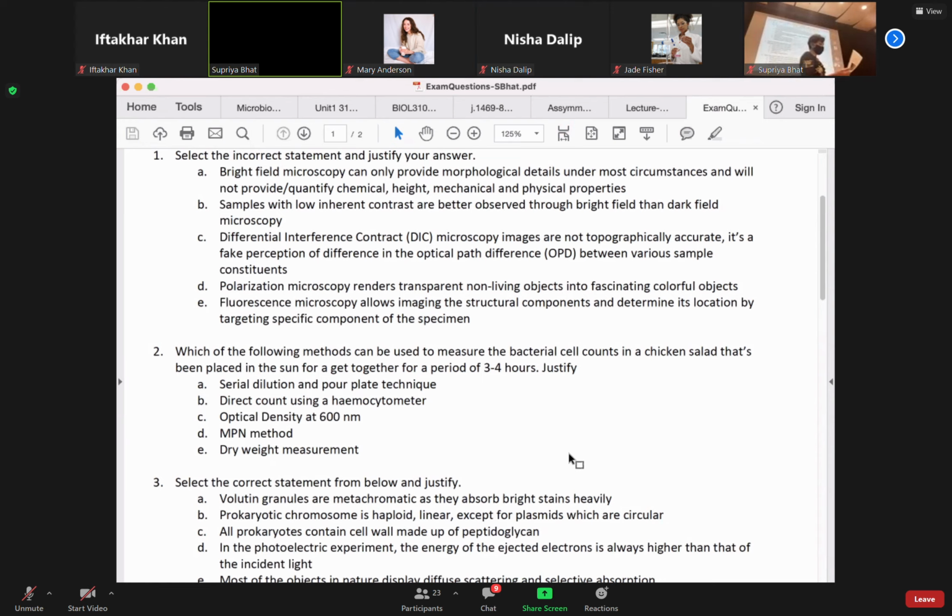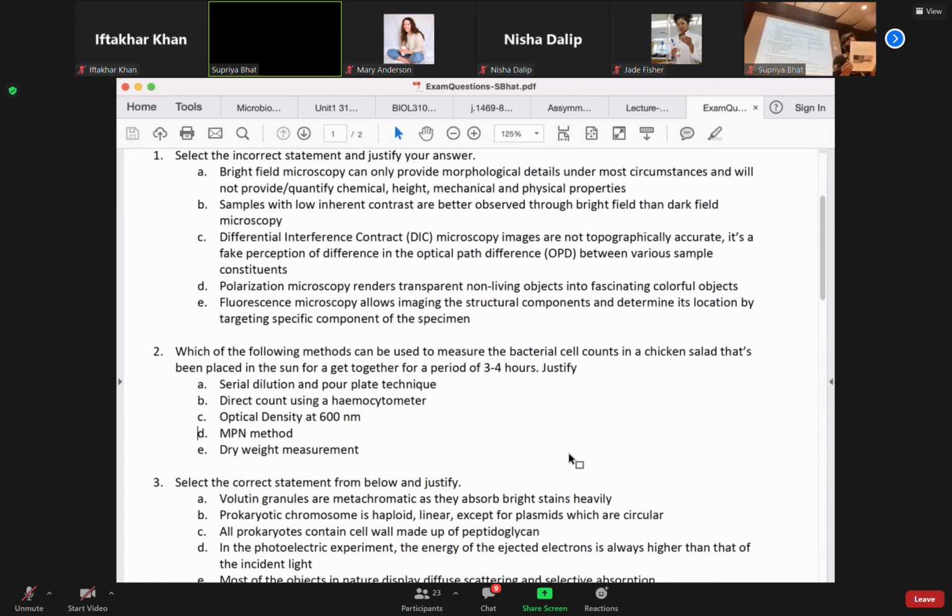Which of the following methods can be used to measure bacterial cell counts in a chicken salad? I thought this may have been a very straightforward question, but many of you have stumbled on this one. The correct answer is serial dilution and pour plate. I've given you points even if you put MPN, because they both contain serial dilution. If you answer either of them and give me some sort of justification, I give you full points.